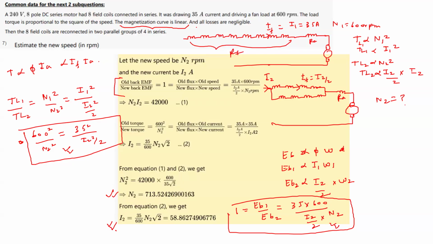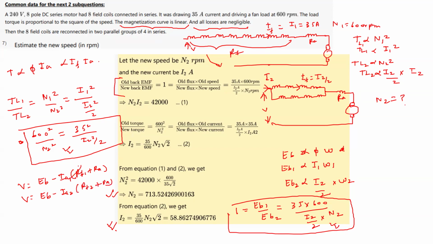They are saying that all the losses are negligible. Losses means drop, right? So the drop in the armature winding and the field winding is negligible. So the terminal voltage is the same in both the cases, and if you neglect the losses, basically V is equal to EB minus IA1 (RF plus RA), and V is equal to EB minus IA2 (RF plus RA).